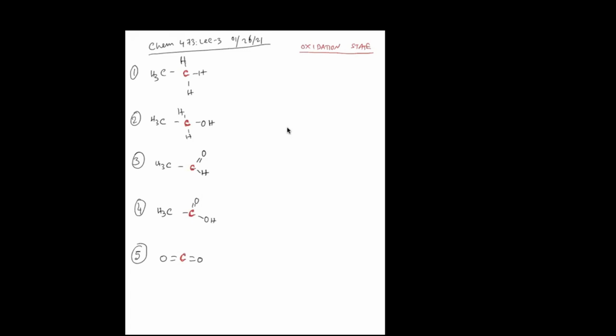Based on what other atoms are attached to it. So we need to see what other atoms are attached. In this case, that carbon is attached to a carbon on the left, and then it is attached to 3 hydrogens.